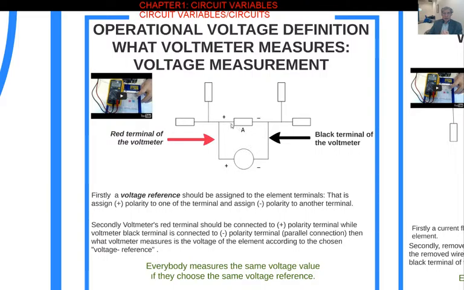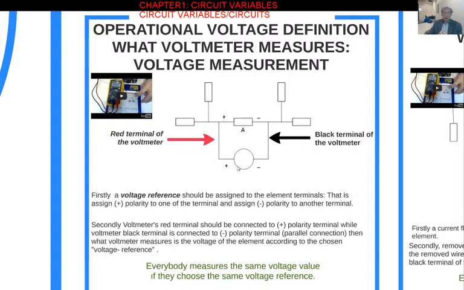This element has two terminals, one of them here, the other one is this terminal. The voltmeter has two terminals as well. So we are going to connect one terminal of our voltmeter to one terminal of element A, and the other terminal to the other terminal of element A.